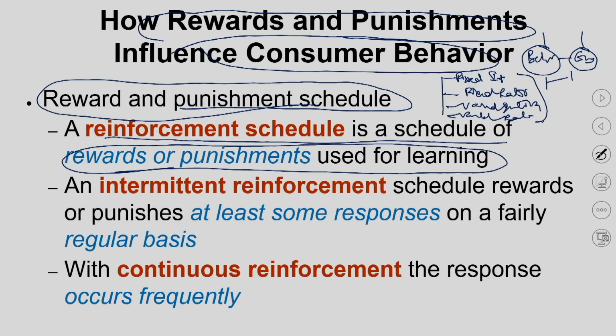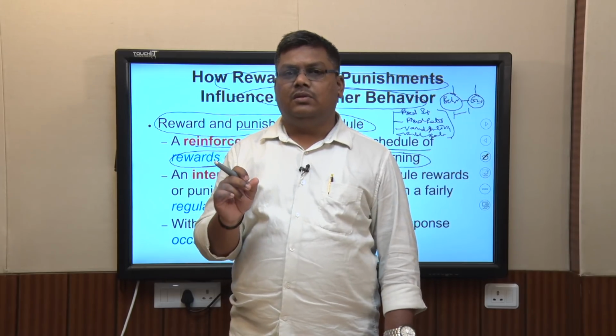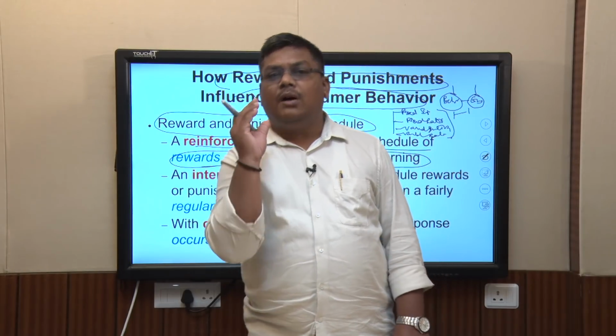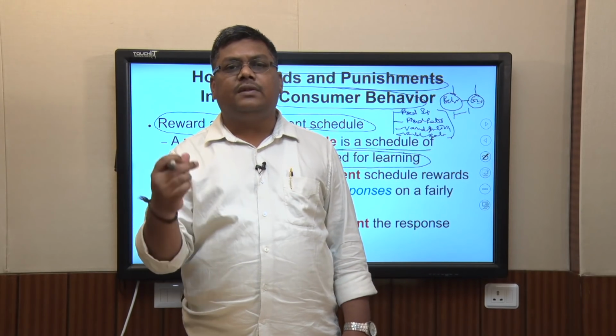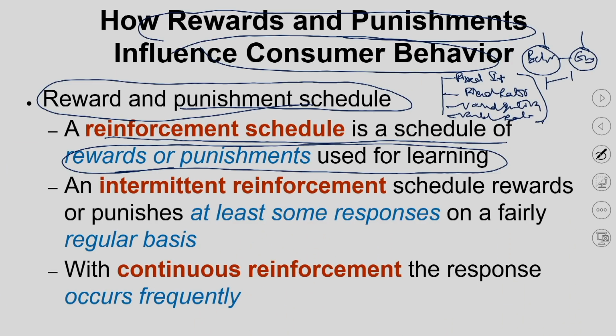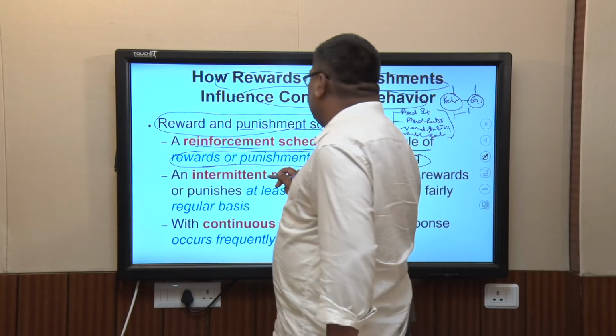In fixed interval, after a fixed period of time a reward will come to you. In fixed ratio, after a fixed number of responses a fixed amount of reward is given to you. In variable interval, after variable periods of time a reward comes to you, and in variable ratio, variable amounts of rewards are given to you. That is the 4 schedules which are used, and this is called the intermittent schedule.